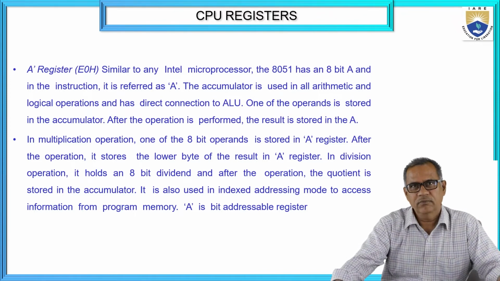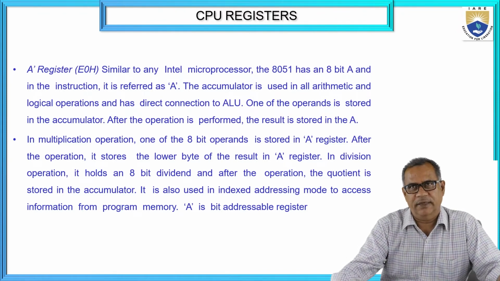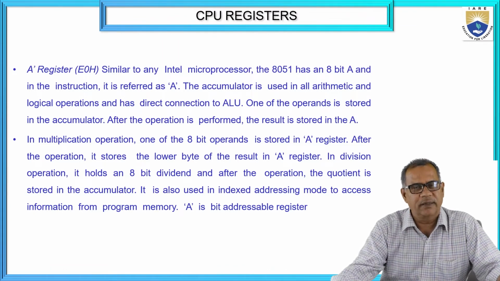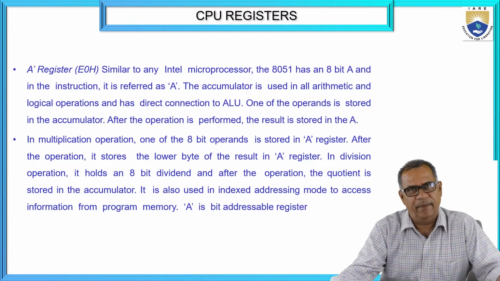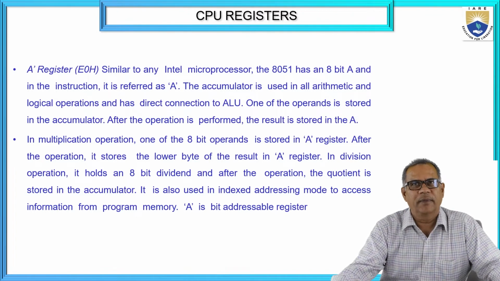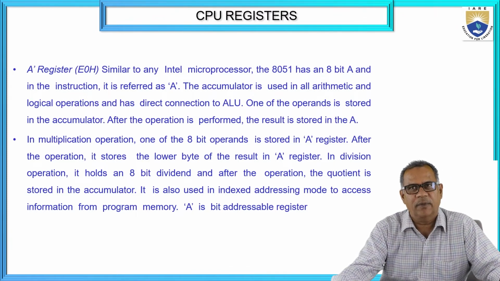One of the operands is stored in the accumulator, and after the operation is performed, the result is stored in A. If you are performing the multiplication operation, one of the 8-bit operands is stored in the B register, and after the operation, the lower byte is stored in the A register. In division operation, it holds the 8-bit dividend, and after the operation, the quotient is stored in the accumulator.